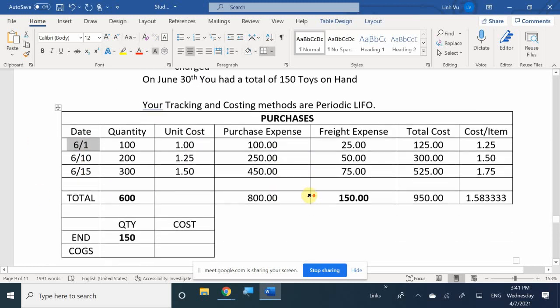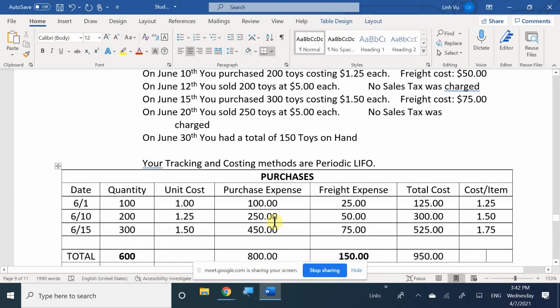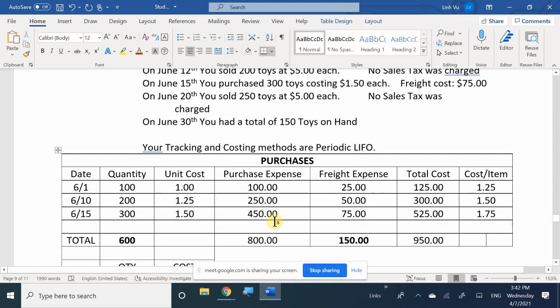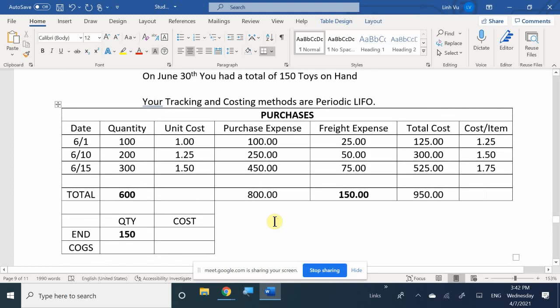Okay, so there we are. The only thing we don't need here is the average cost per item, because what are we dealing with this time? LIFO. Last ones in are going to be the first ones out.